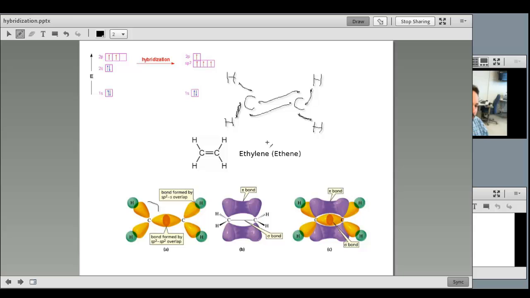Now remember that when we have a double bond, the double bond is going to be a sigma bond and a pi bond. So going back to that hybridization scheme, we've got our 2s orbital and we've got our 2p orbital. They mix, they hybridize, but to make the hybridization, you have to reserve one of them as a purebred p orbital to make the pi bond down here.